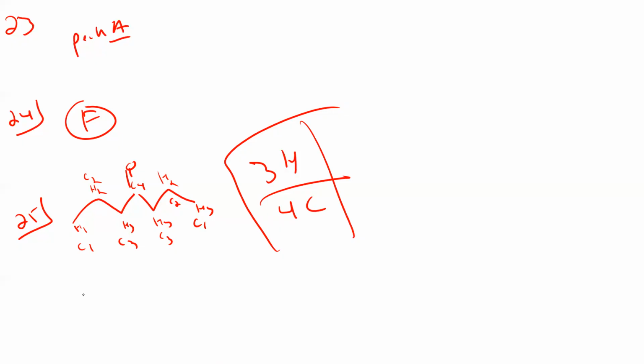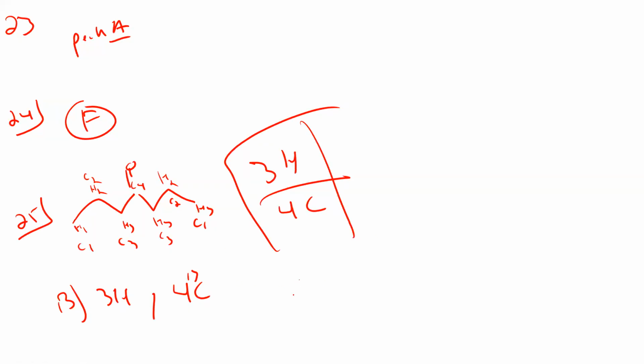Just go ahead and do that again. So compound B has 3 hydrogen signals and 4 carbon-13 signals, kind of like how we found it before. And compound C: proton signals for compound C will be 2, and for carbon-13 there'll be 3.